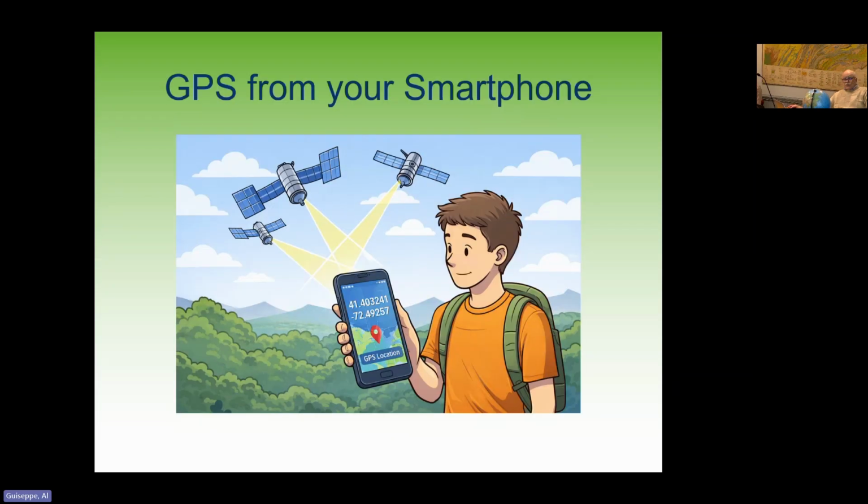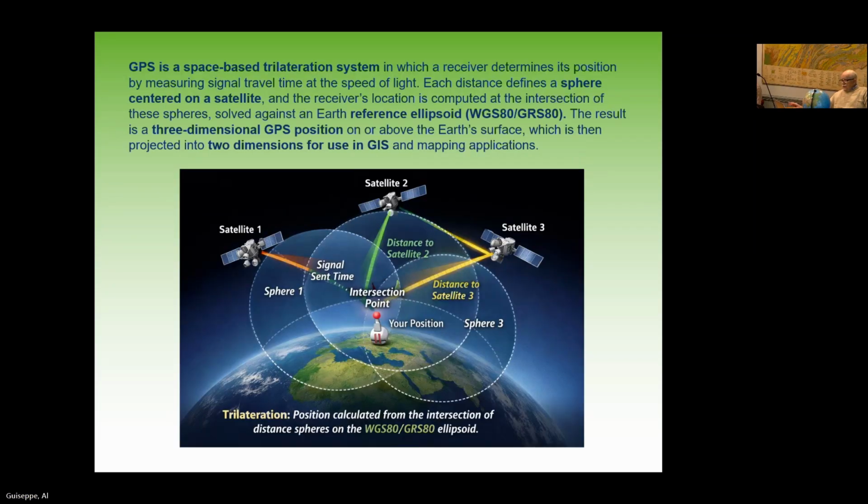Now, GPS from your smartphone. GPS is pretty cool. My smartphone still has a GPS detector. That's why you can use Google Maps, because you follow it. The way these things work is they broadcast their location and their elevation every 6 seconds, and your phone or the chip will construct.